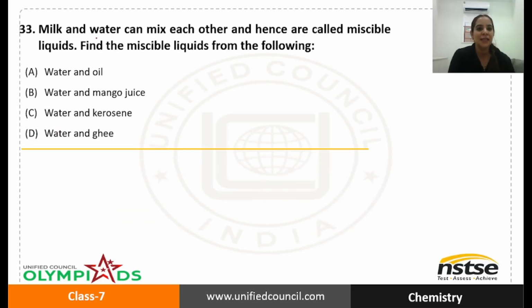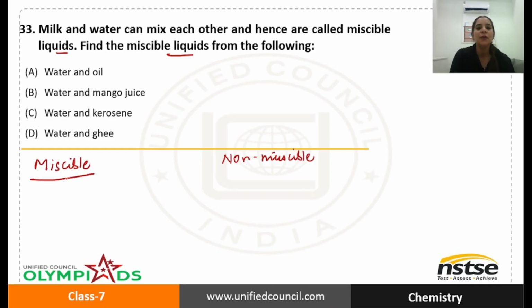Next question says, milk and water can mix with each other and hence are called miscible liquids. We need to find the miscible liquids from the following. So let me introduce you to this term. When you are mixing two liquids, we see that few of the liquids are miscible and few of them are non-miscible.